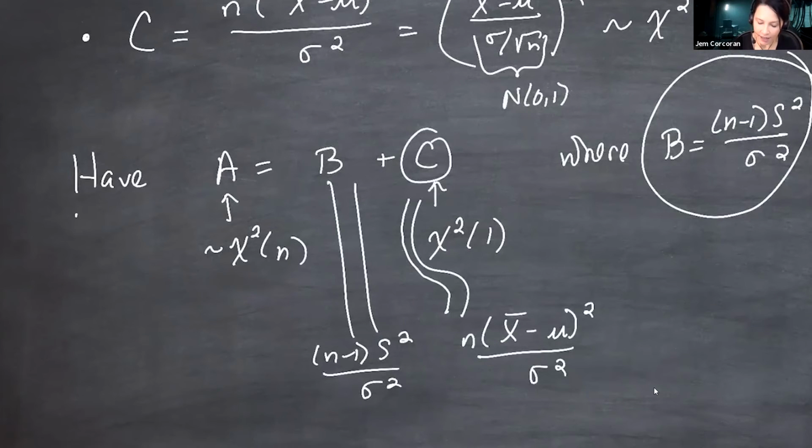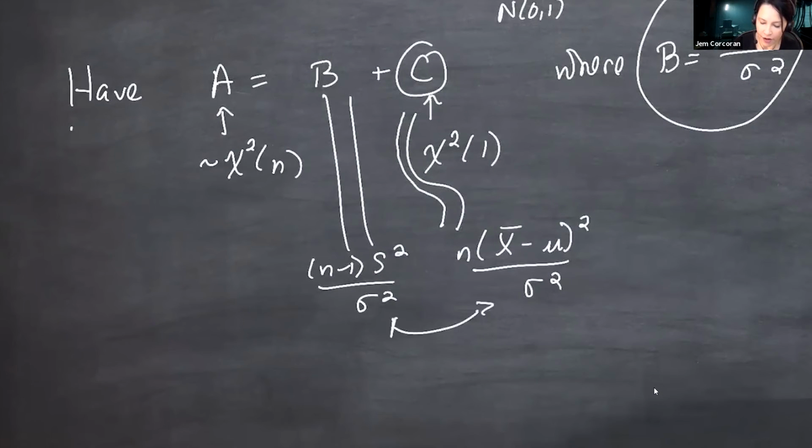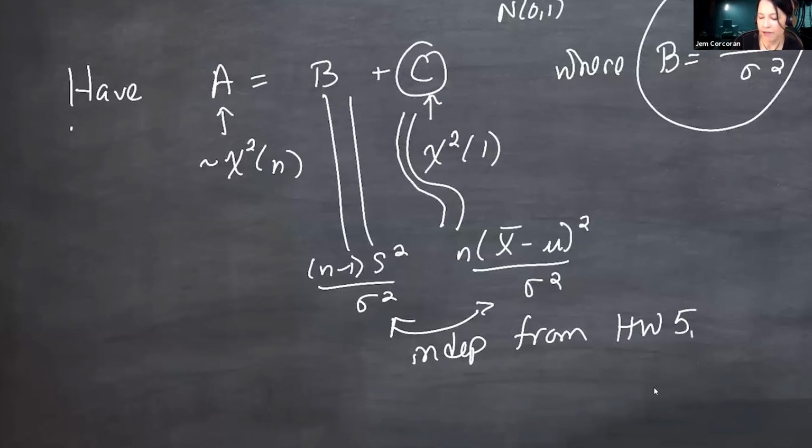So check this out. In B, the only random thing is the s squared, so this is a relatively simple function of s squared. In C, the only random thing is x bar, so this is another relatively simple function of another random variable. So these two are independent from homework 5, problem 1. The entire problem, all the parts, are leading you to show that if you started with a sample from a normal distribution, x bar is independent of s squared. That's the point of homework problem 1 on homework 5.